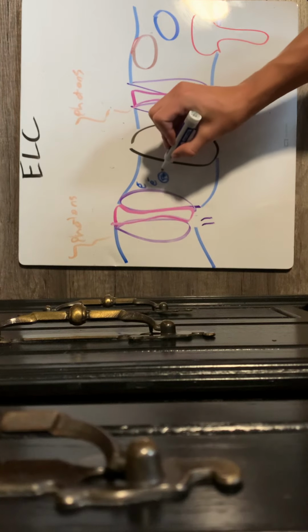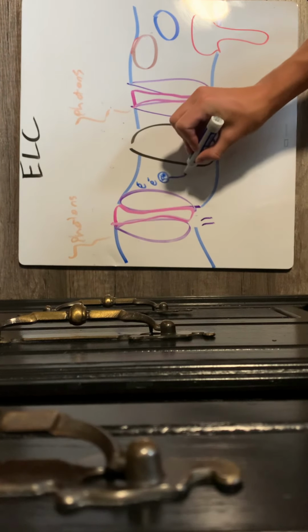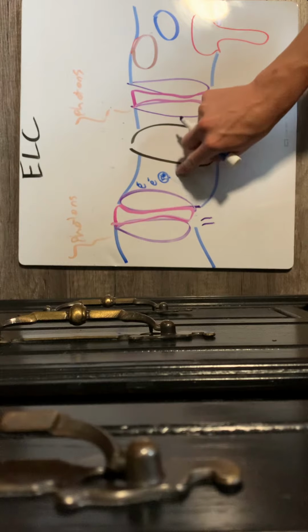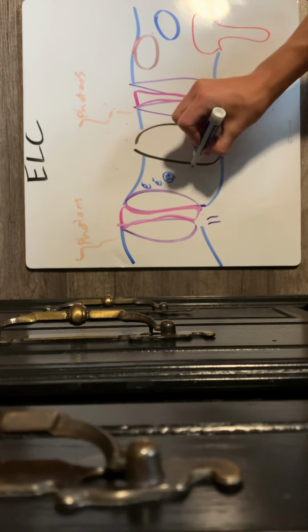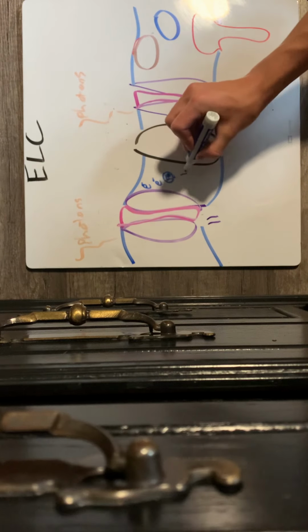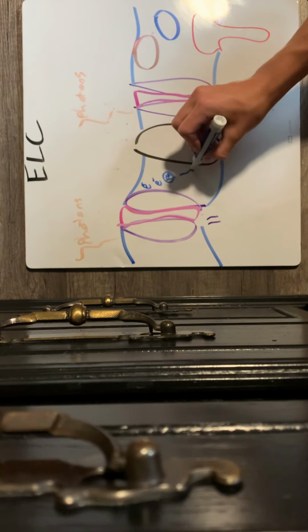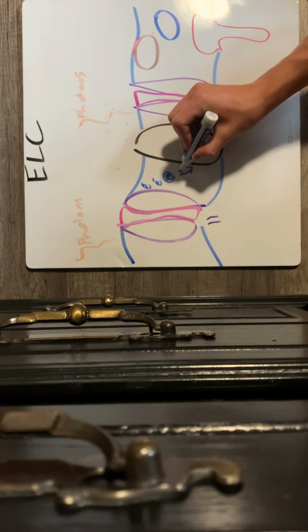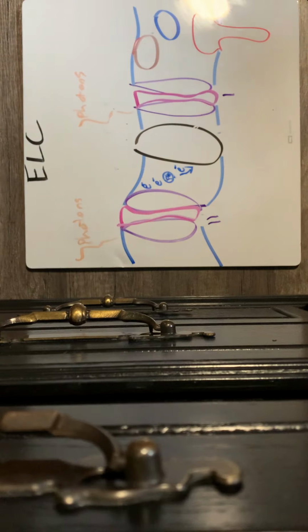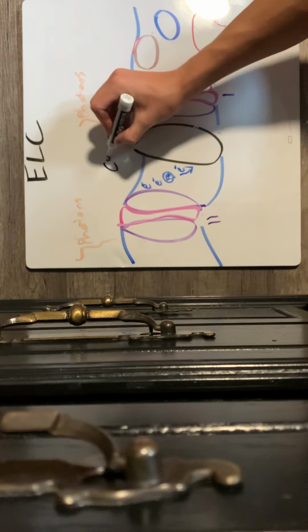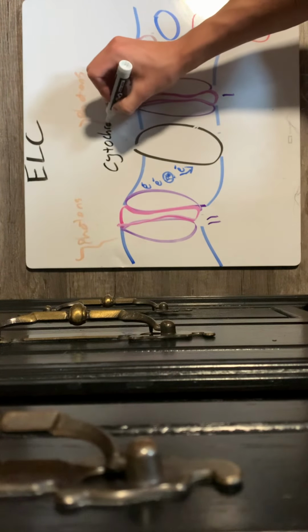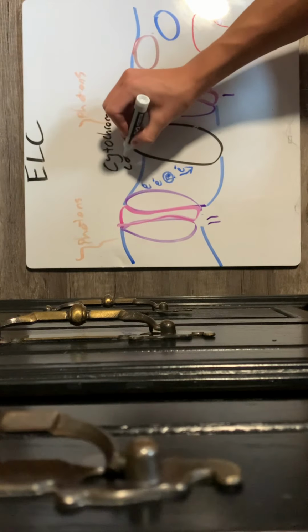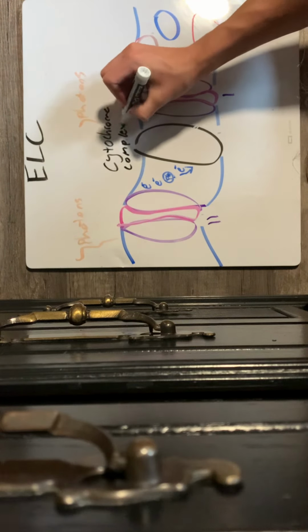We have PQ that helps keep things moving until we get to this black part I've drawn called the cytochrome complex.